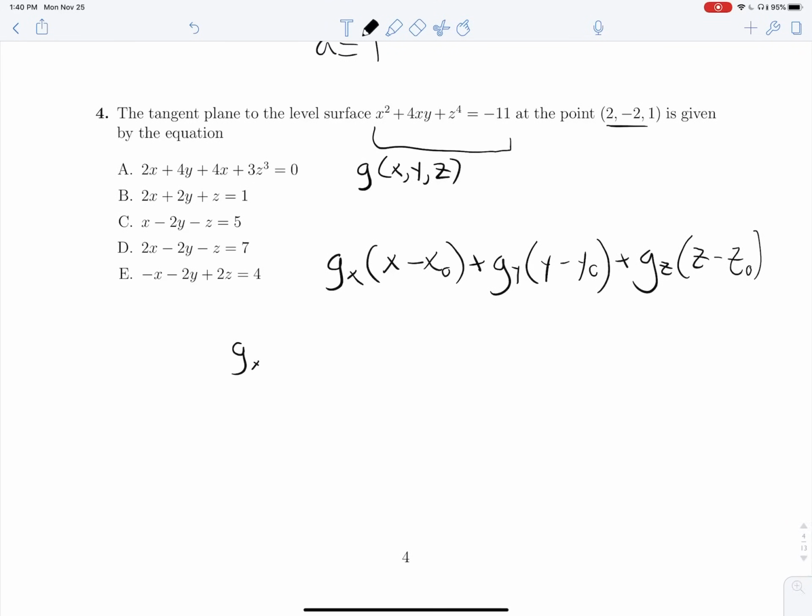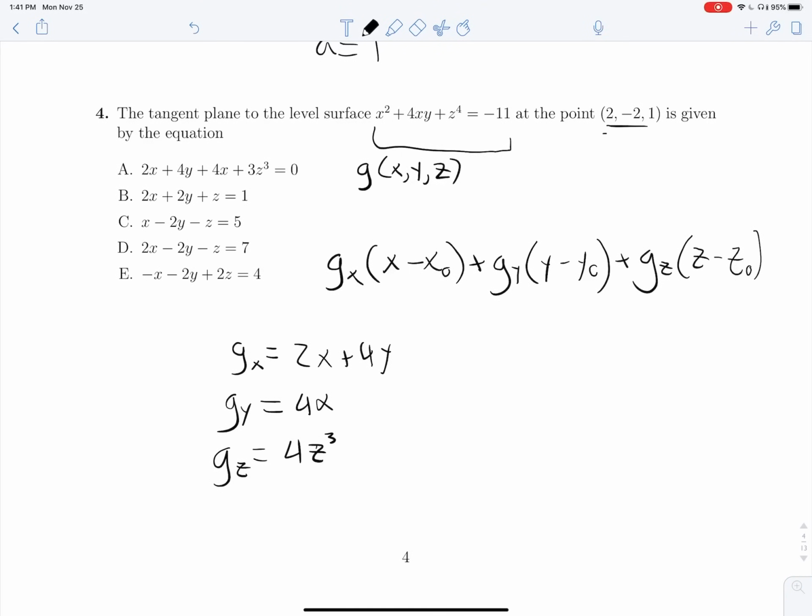So let's find gx. That's going to be the partial derivative of this guy with respect to x. That will give us 2x plus 4y. Gy is going to give us 4x, and gz is going to give us 4z cubed.